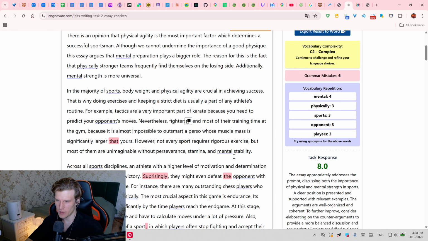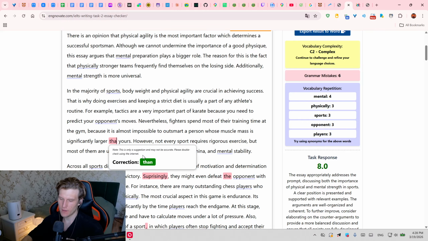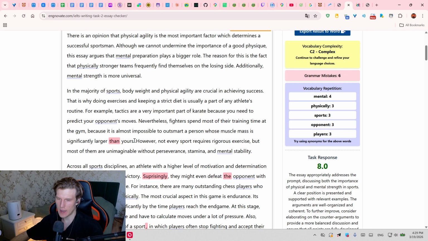A person probably just whose muscle mass is significantly large. Oh yeah. Did not notice that. That's also a big thing. But that's more like a typo. I know that a lot of students struggle with that. A lot of students confuse then and than. But in my case, it was just a typo. But the examiner can't know that, so that's reasonable.